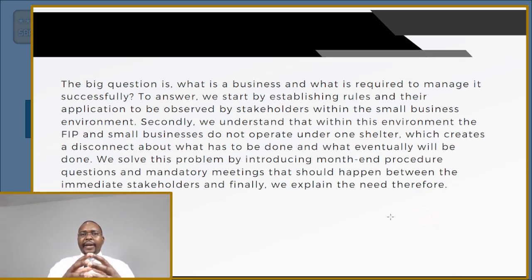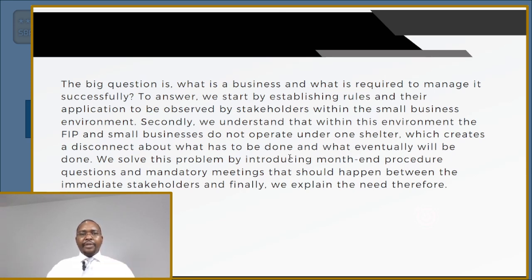We start by introducing this volume to say these are the things that we expect must happen to close that gap, because you'll realize that there is a disconnection between where the business is and where the accountant is. And part of the things that we do is to create what we call month-end procedures.